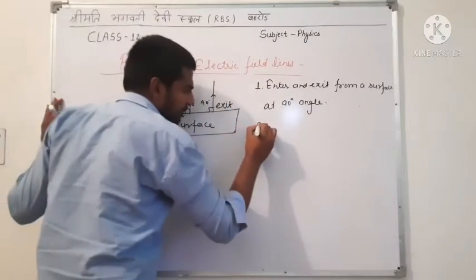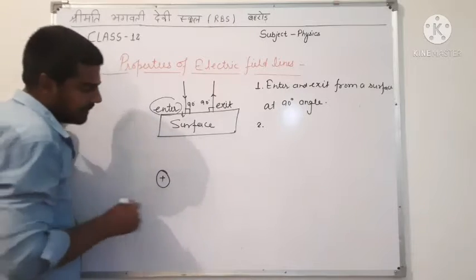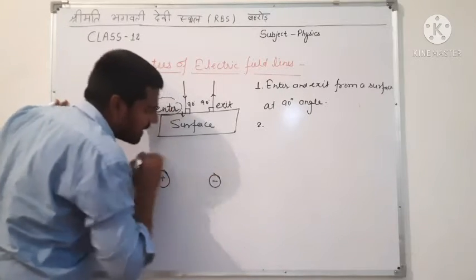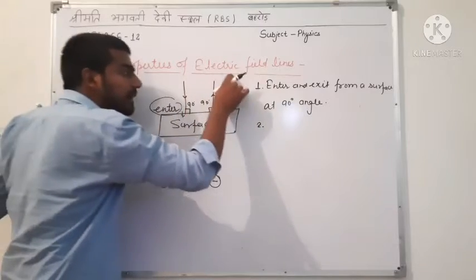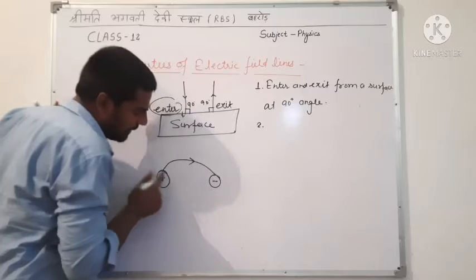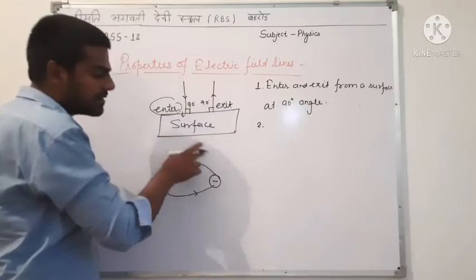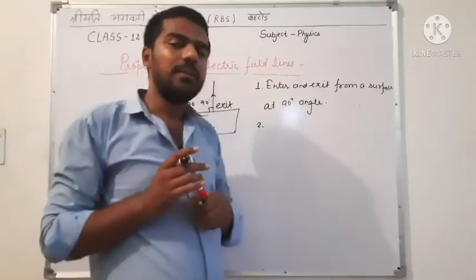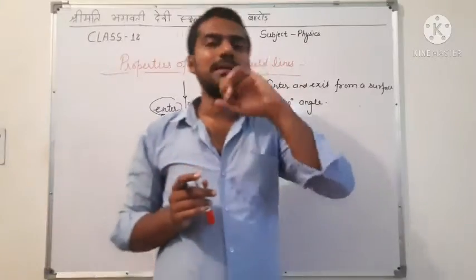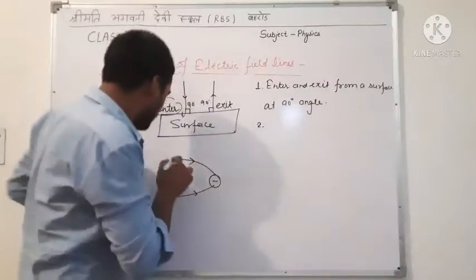Then second, let us consider we have a positive charge and also a negative charge. Then the electric field lines pass from positive charge to negative charge.